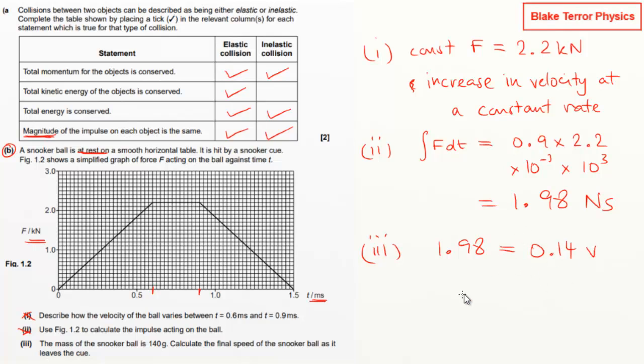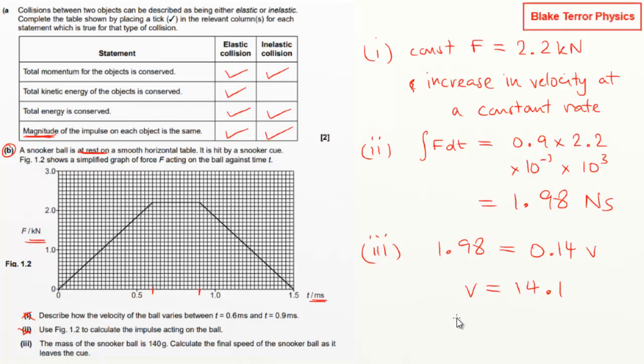So we've got to divide through. So v is going to be 1.98 divided by 0.14. That's going to be a little over 14, because 14 squared is 196. So it's going to be, say, 14.1.